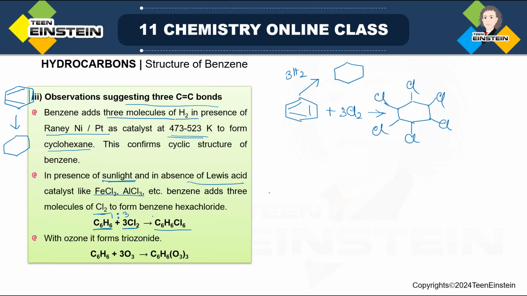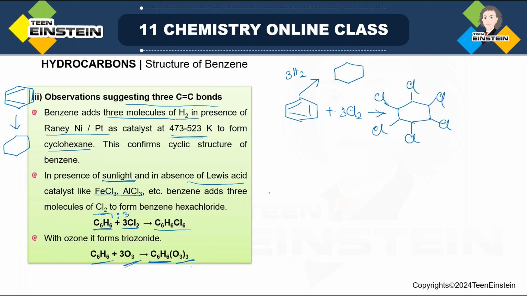One more reaction is reaction with ozone. So C6H6, you know, in case of alkene and alkyne, you have seen how it reacts with O3. There is formation of some ozonide. Now, is it possible with benzene also? So with benzene, what happens? 3 O3 molecules are attached to benzene. Carbon hydrogens are still there.